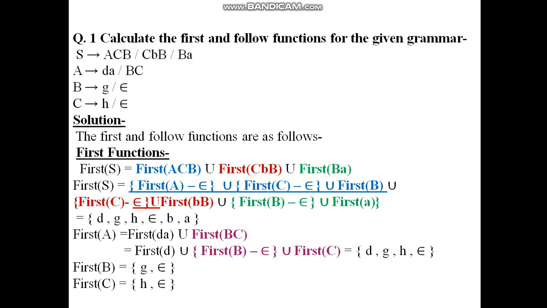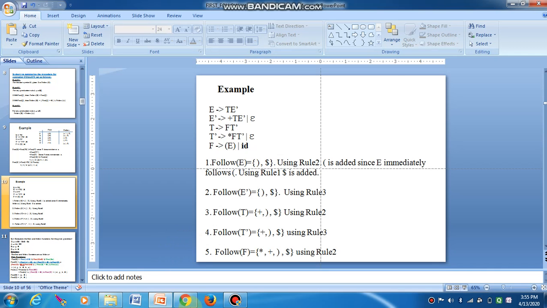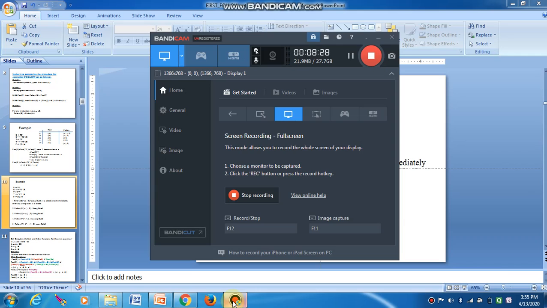Because after F there is a non-terminal T dash and it derives epsilon. Therefore follow of T dash contains plus, right bracket and dollar, and all these three symbols are added into the follow of F. So I think you have understood how to find the first and follow of the non-terminals in the given grammar.